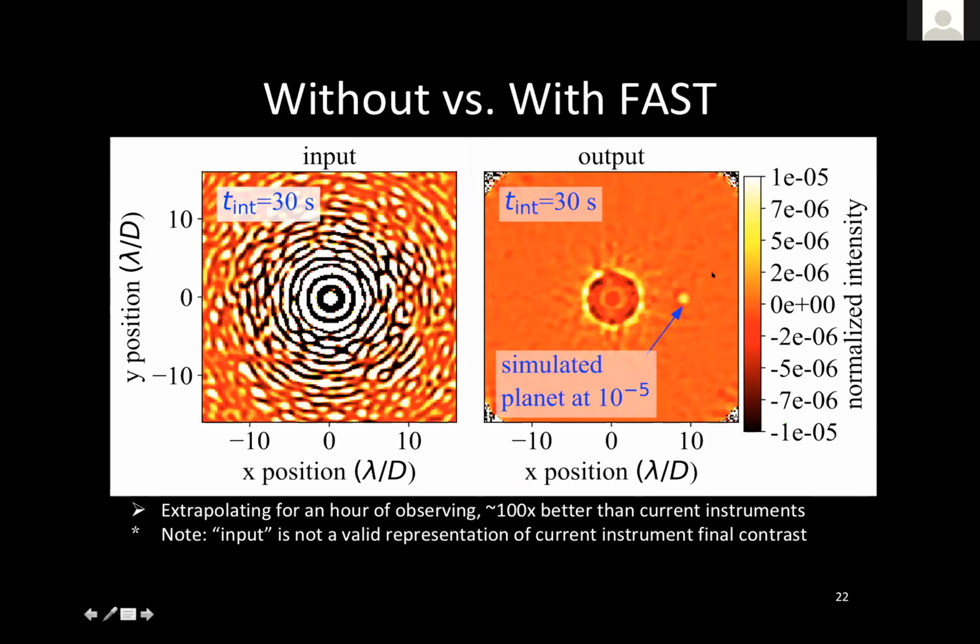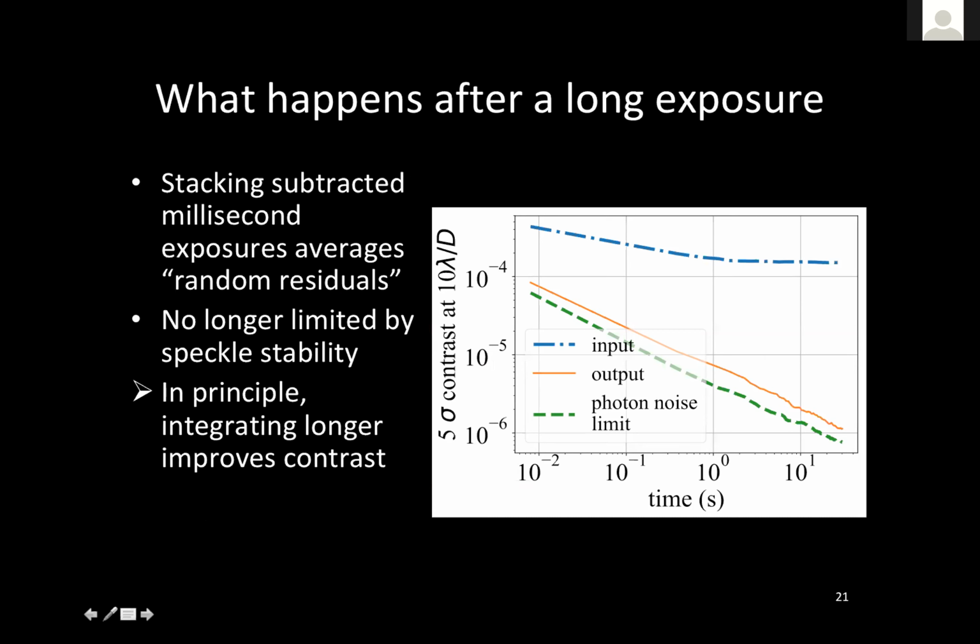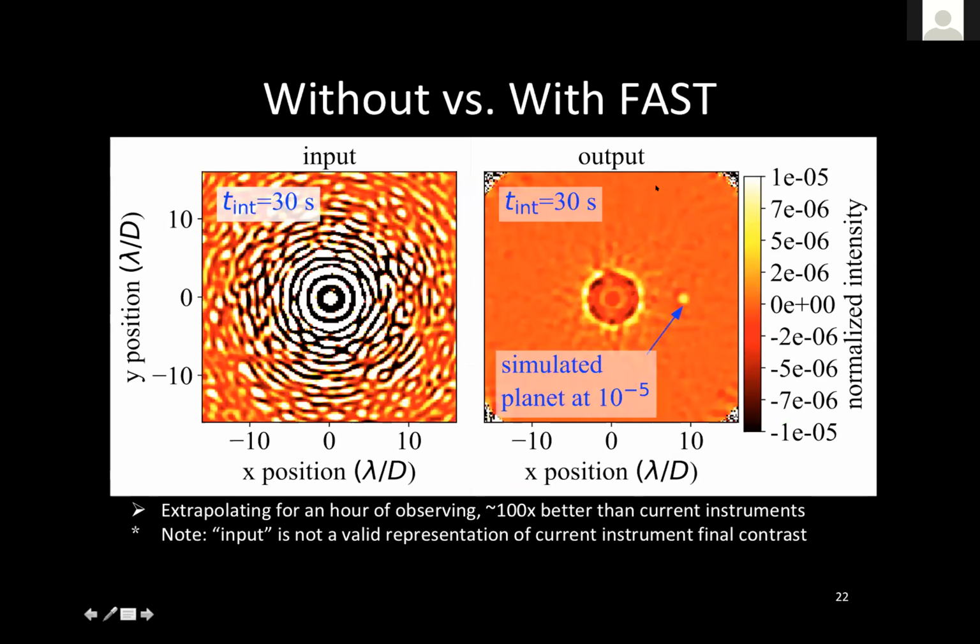So this gives you an idea after 30 seconds, if we look at the blue curve versus the orange curve, you can see a planet that can be detected. This is all in simulation, just illustrating the principle of the technique.